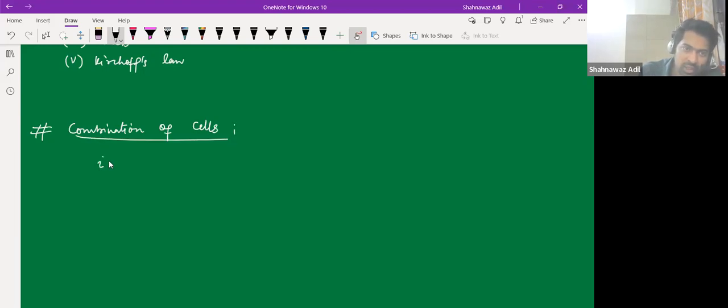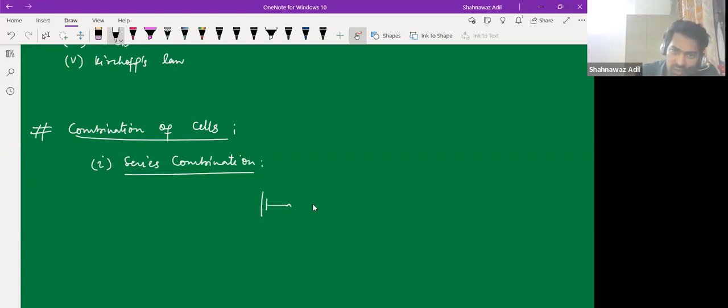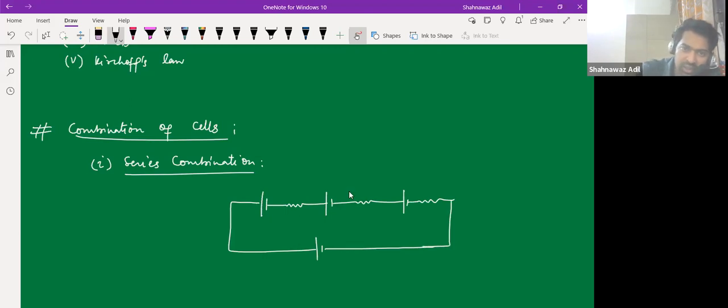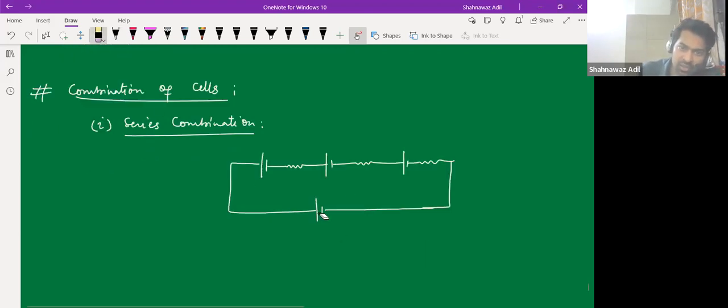First one is the series combination. All these cells with their internal resistances are connected in series. Let's say we have these cells connected with some external resistance.